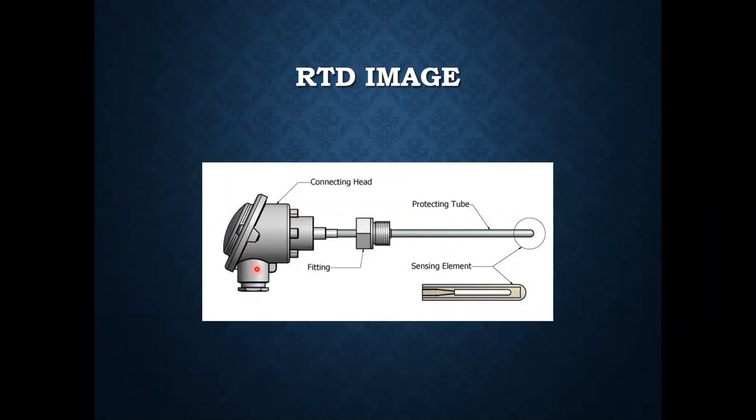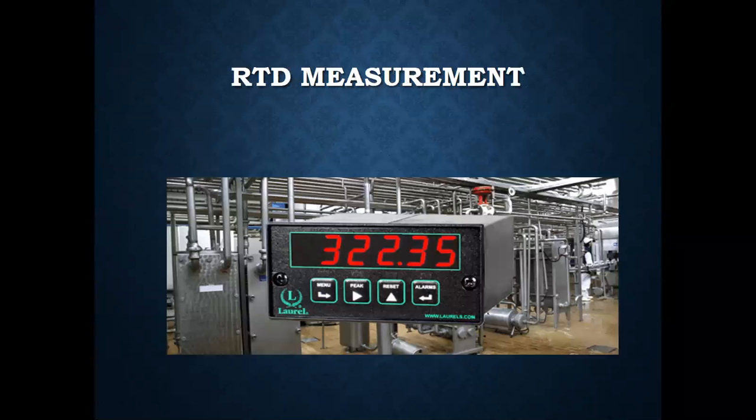Through this opening, the lead wire is going to read out. Read out means display. This is the structure of an RTD. So in a plant, RTD is used. This is an RTD readout, digital display.